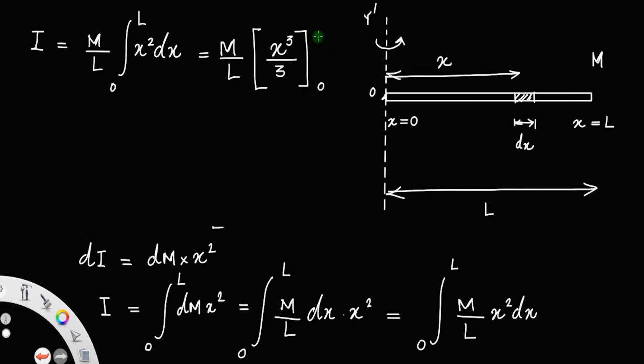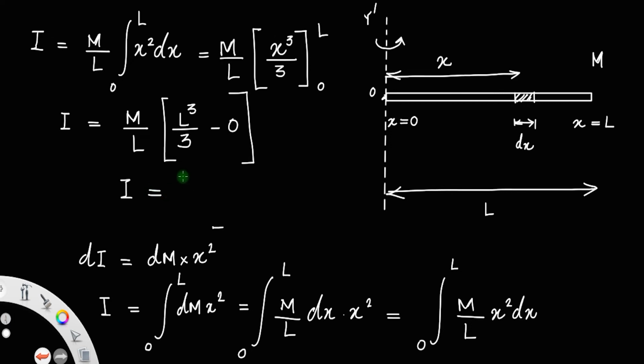Now you put the limit 0 to L. So I is equal to M by L into, first put the upper limit, L cubed divided by 3 minus 0. So the total moment of inertia will be M L cubed divided by 3L. You can cancel this L and this L cubed. It will become L squared. Implies I is equal to M L squared divided by 3.